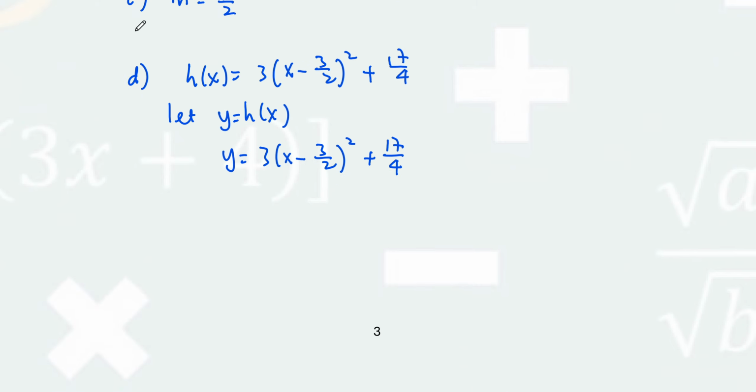Now get the x as a subject. So here you just need to move this constant to the left side. Then I will be getting y minus 17 over 4 equals to 3 bracket x minus 3 over 2 squared. And now get the x as a subject by moving down the 3 first. So it becomes 1 over 3.